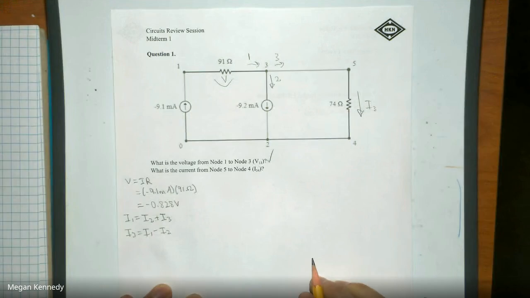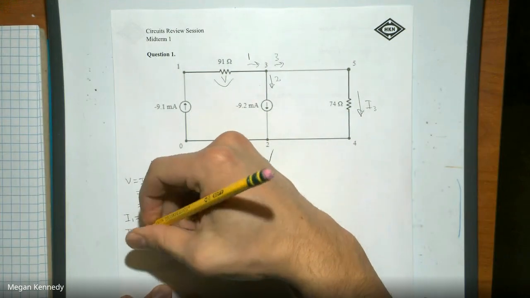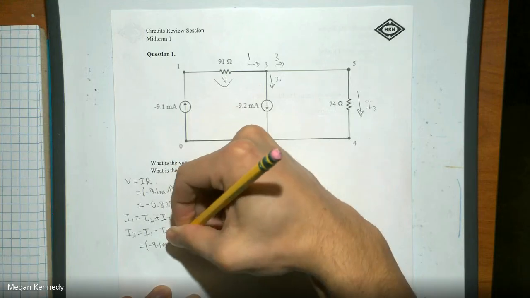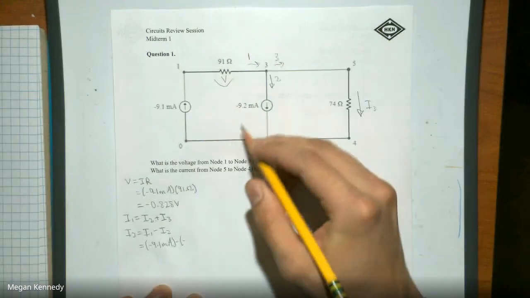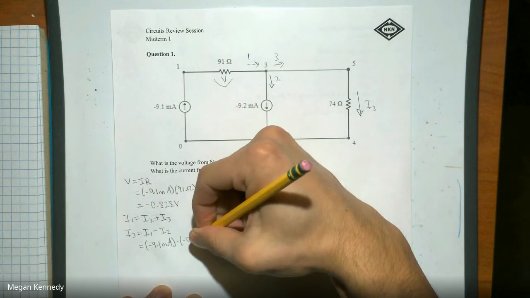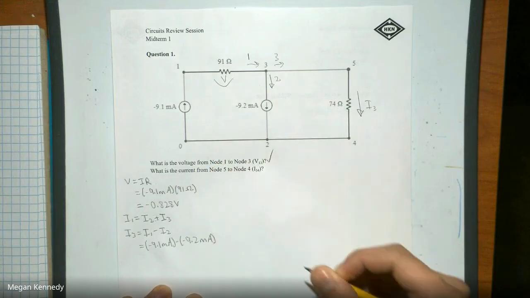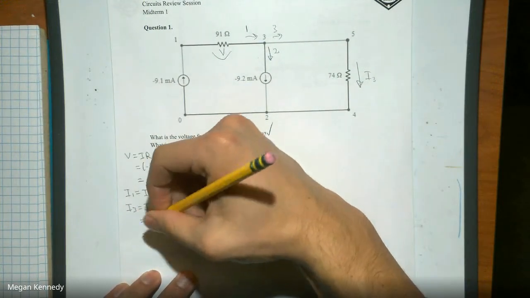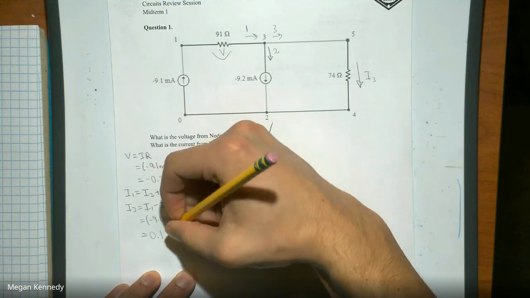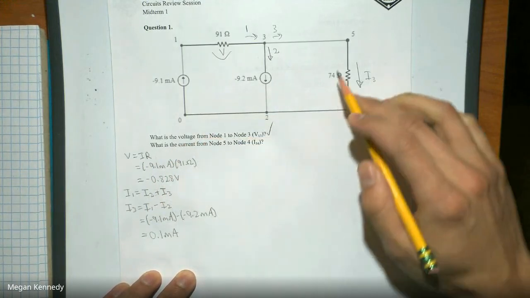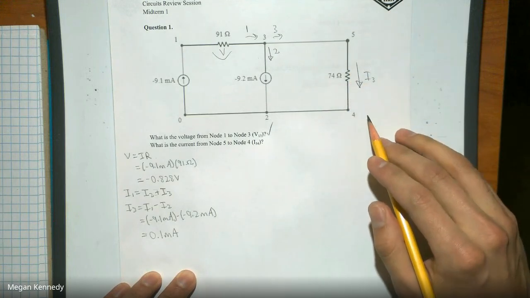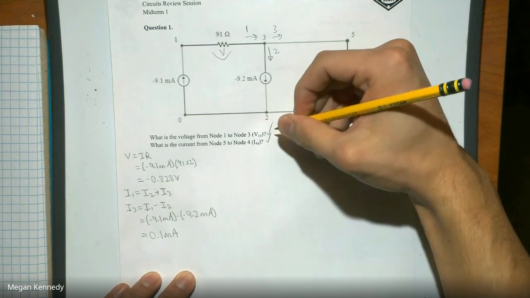And then we just plug in our values. 9.1 milliamps minus negative 9.2 milliamps. Punch all that into the calculator and you should get 0.1 milliamps. So 0.1 milliamps is going down from node 5 to node 4. And that's our answer for part 2.